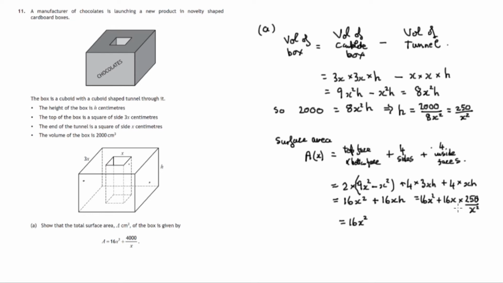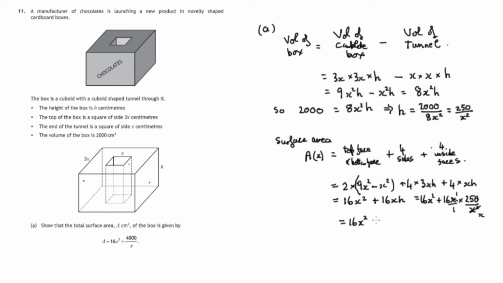So we have 16x squared. Now, one of these factors of x can cancel. x into x goes 1, x into x squared. It just leaves one of the factors of x there. Remember, x squared is x times x, so one of these x factors cancels. And remember, 8 lots of 250 was 2,000, so 16 lots will be 4,000.